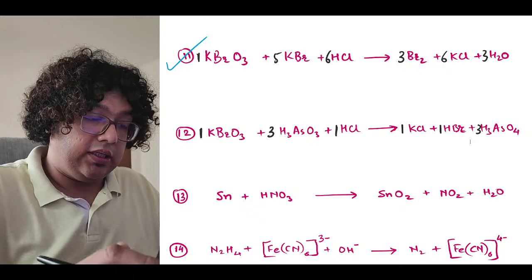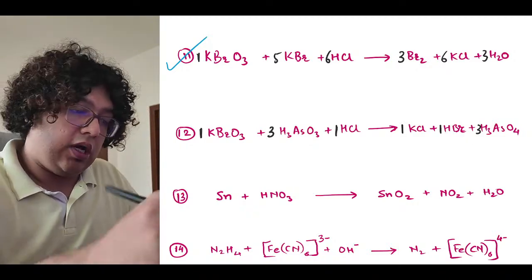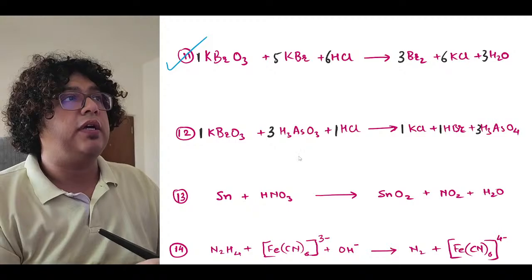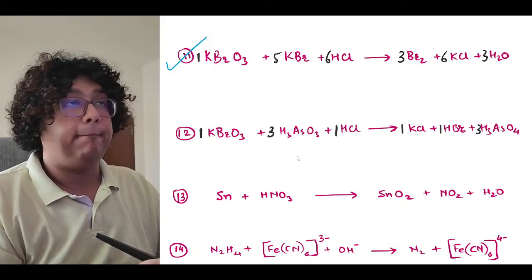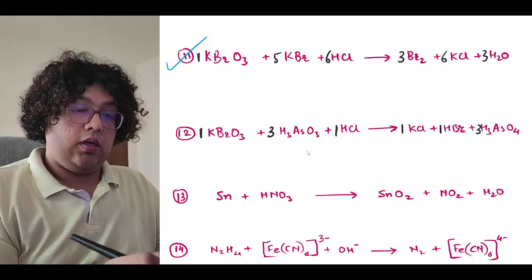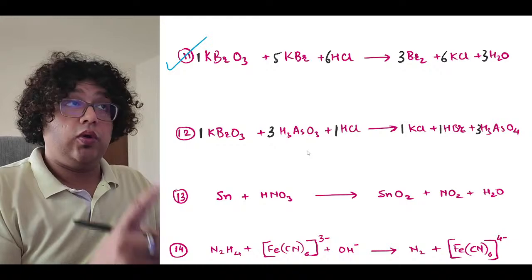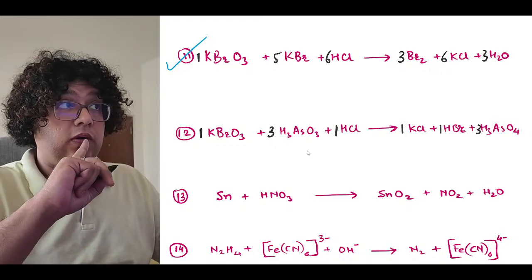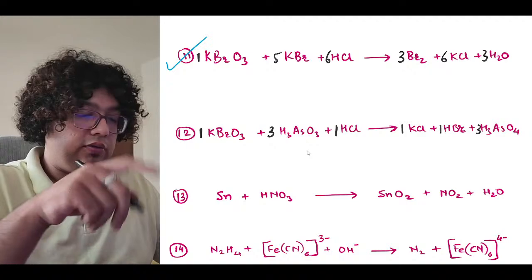Okay. Omkar needs help with this one. No problem. So in this one, Omkar, we have KBrO3. Did you find the oxidation state of bromine in KBrO3, Omkar? Seven? No, no, dude. Omkar, go back and try those 20, 21 questions I gave you for finding out the oxidation state.